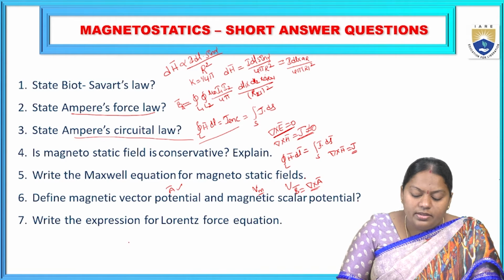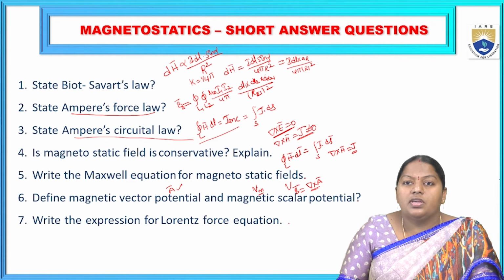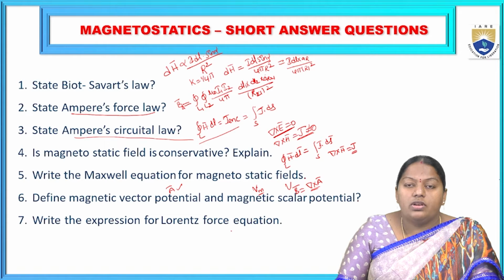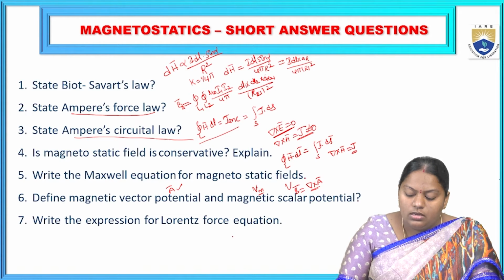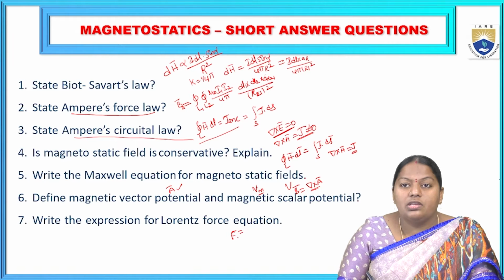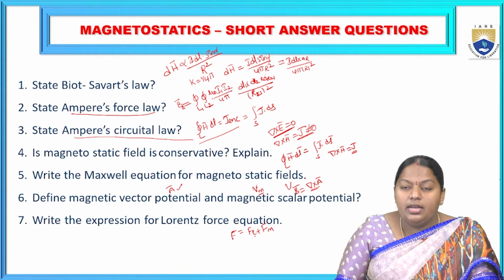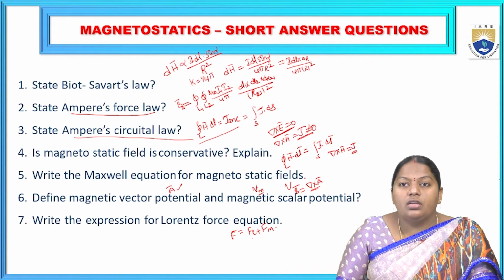Next, write the expression for the Lorentz force equation. To get this equation, we need to consider the force equations associated with the electric as well as magnetic fields. The total force, or Lorentz force, is F equal to Fe plus Fm, where Fe stands for electric force and Fm is the magnetic force.